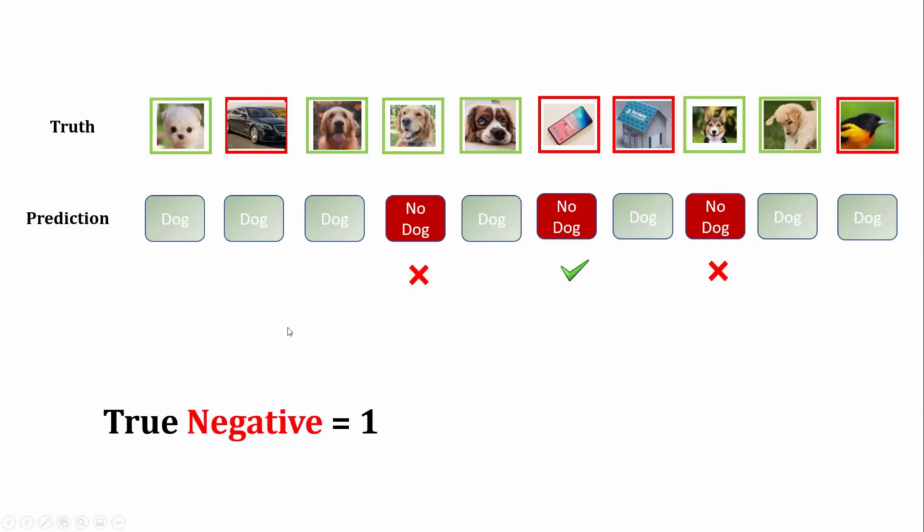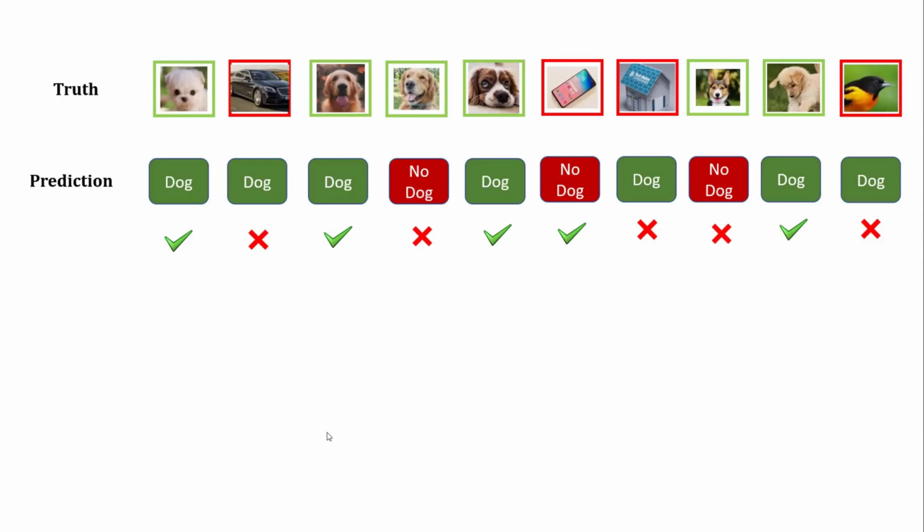The negative, the second word, means your class, which is no dog, the negative class in our case. Out of these 3 predictions, only 1 was true. That's why true negative is 1, and false negative is 2. Basically, out of our 3 negative predictions, 2 are false.